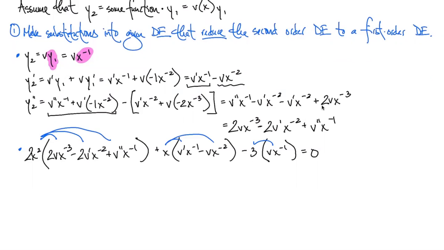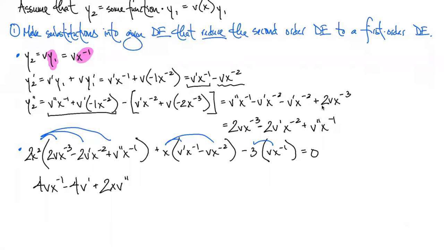We just have to be really accurate in this step, okay? So what do we get? We get 4vx to the negative 1 minus 4v prime plus 2x v double prime.